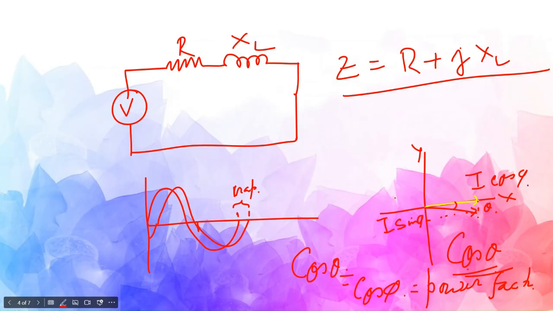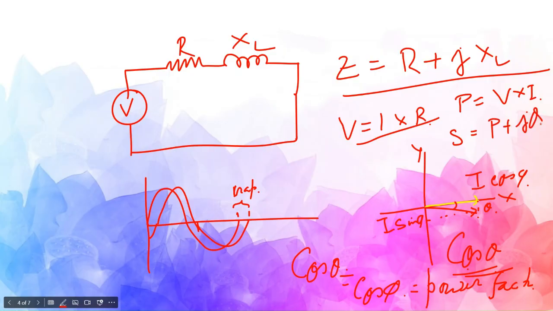So if I want to get the power, what would be the power here? In case of a simple resistive circuit, power equal to V into I, right? There is no other component of it. But here, what will happen? The power is defined as S equal to P plus jQ.